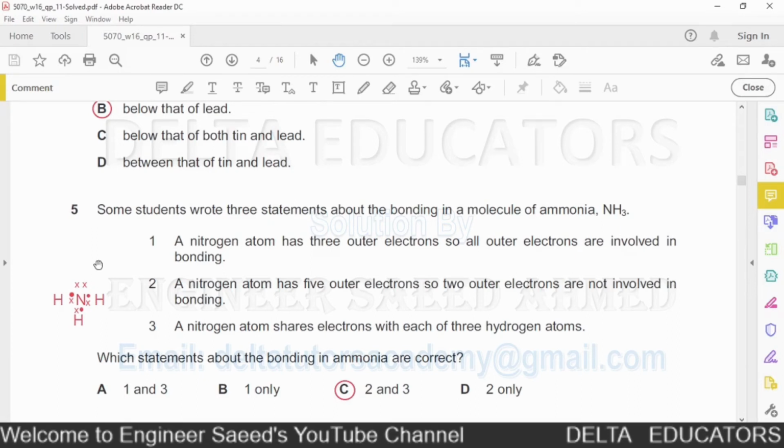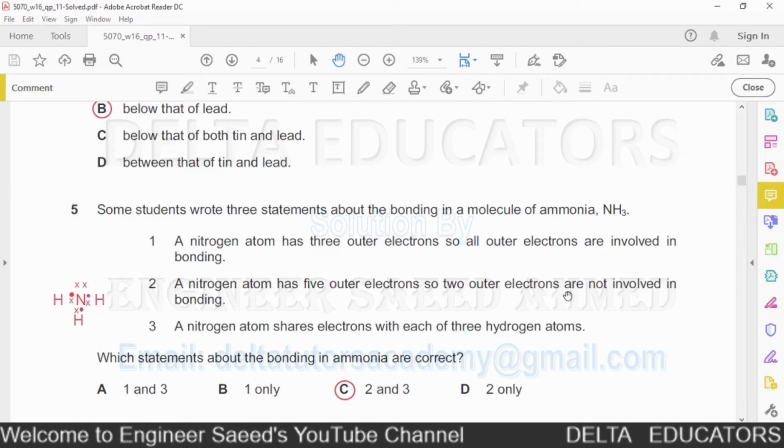Now out of these 5 electrons, 3 electrons participate in a chemical reaction. They share with the hydrogen atoms, and these 2 electrons do not share. So this statement is correct, where it is given a nitrogen atom has 5 outer electrons, so 2 outer electrons are not involved in bonding.